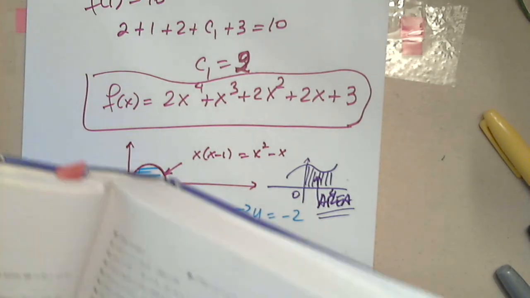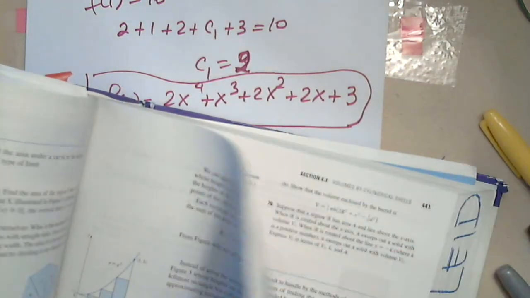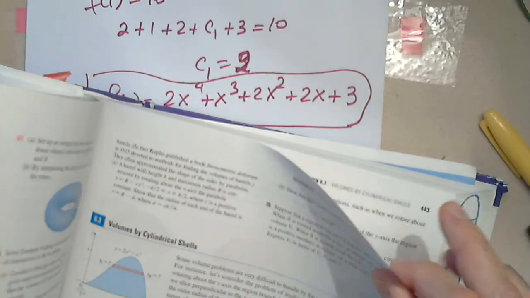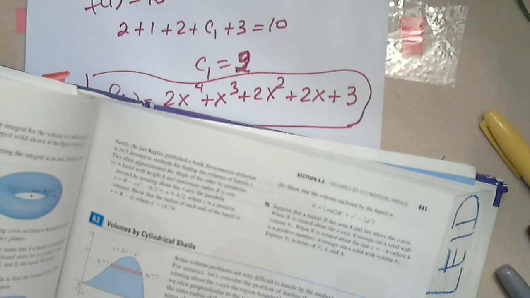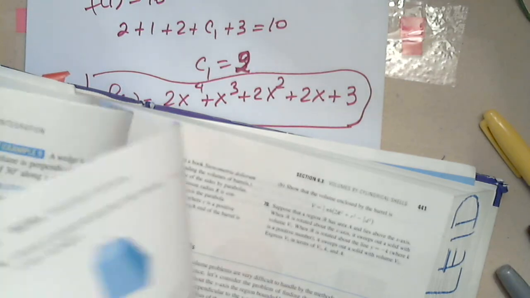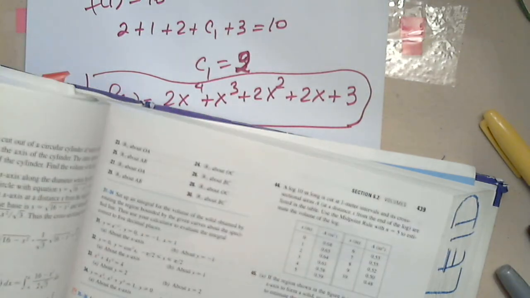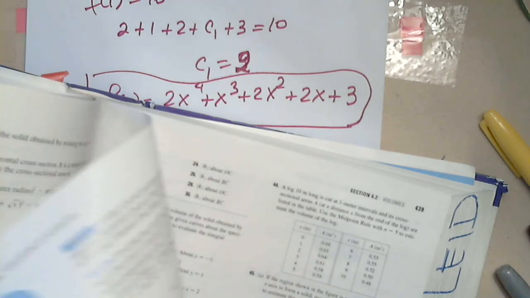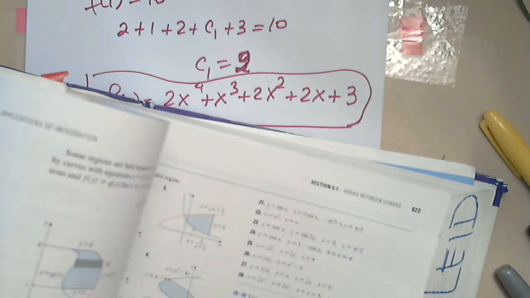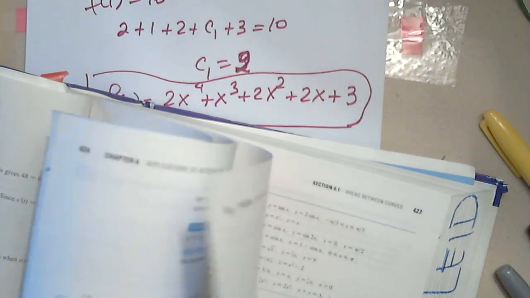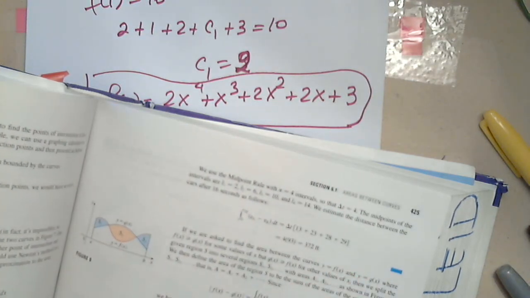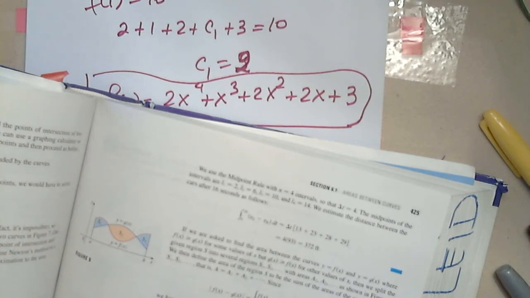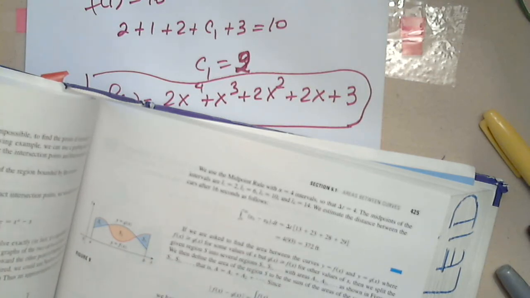These are wonderful applications, however, not in this course, in the next one. Volumes by cylindrical shells. Without knowing how to integrate, we're not going to be able to find the volume. Also areas between curves. Again, this is in chapter 6. I would love to show you this, but this is in chapter 6. These are applications of antiderivatives.